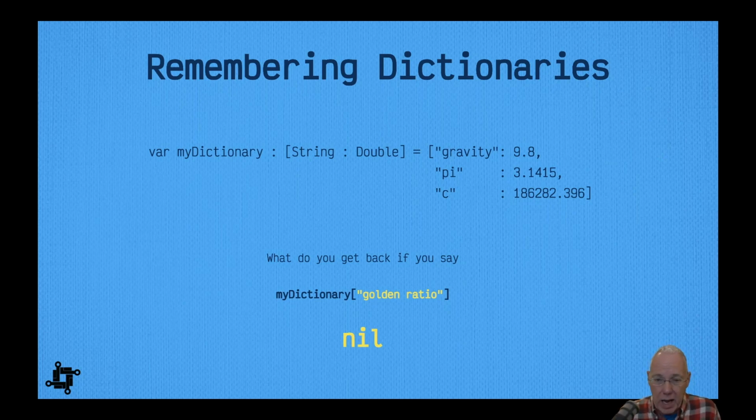It's saying, well, you asked for something in the dictionary. It's not there. So I'm returning nil. So the key point here is that when you're referencing something in a dictionary, what you are getting back is an optional. And therefore, you need to deal with it appropriately because the result of a call to the dictionary with a key is an optional value.